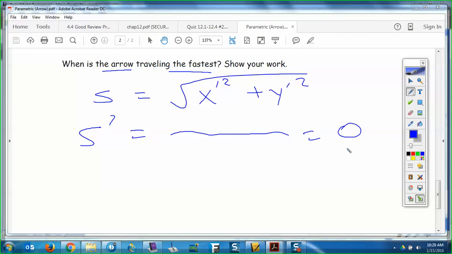Where is it traveling the fastest? Which is when it hits the ground, isn't it? I think if you find that's when it hits the ground, because what's happening is as it starts falling, it starts picking up speed, and picking up speed, and picking up speed until it hits the ground is when it's going to be the fastest. Okay? But you can find it by, it's really a maximum kind of problem.